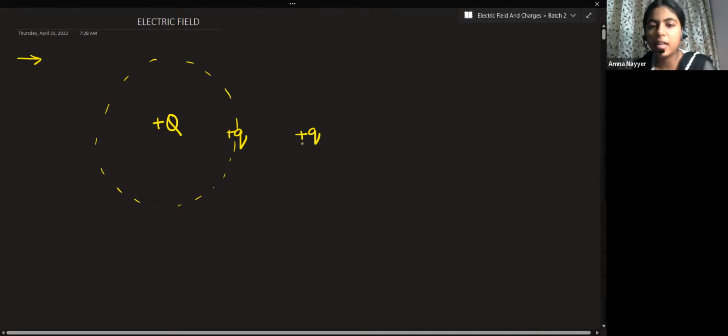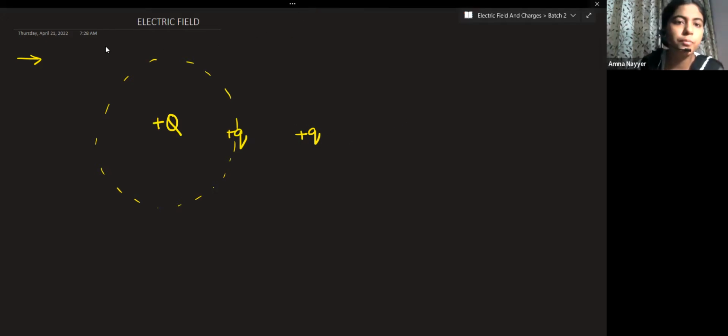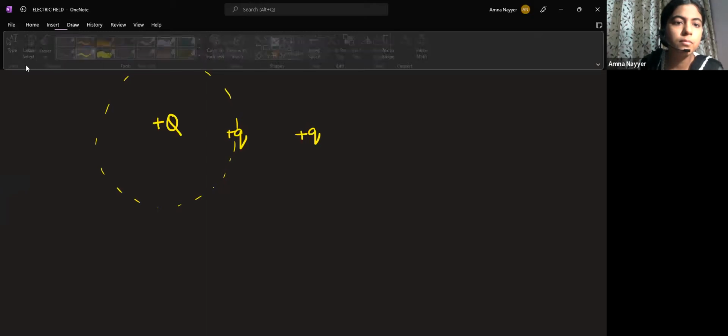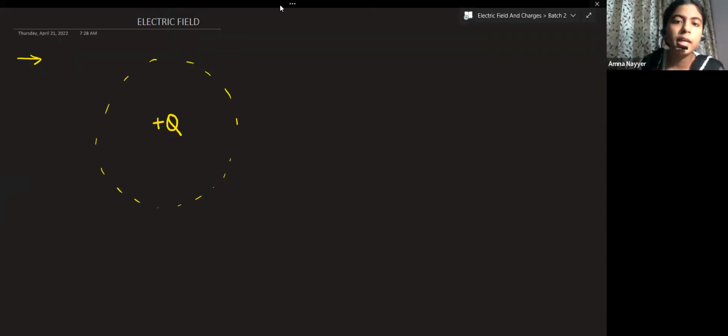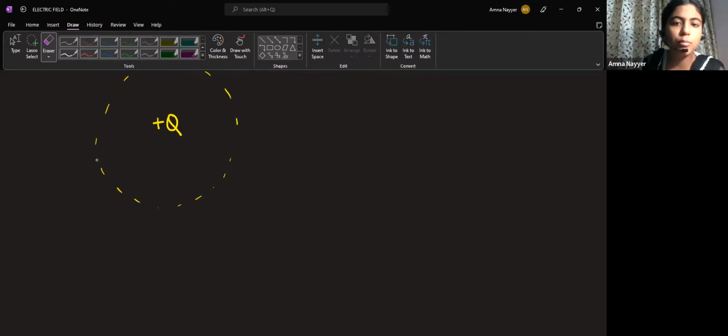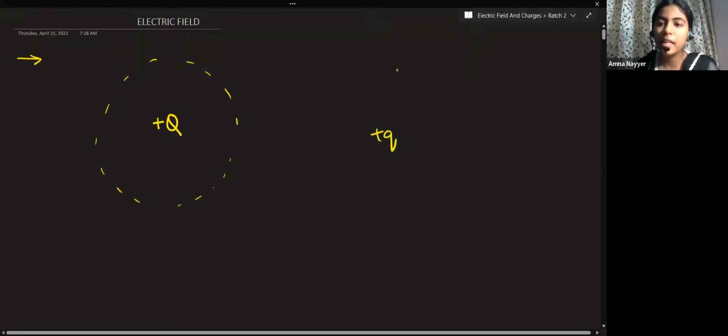If I talk about the other charge, the small q, then it also must have a certain electric field around itself. So electric field is a property of a single charge.